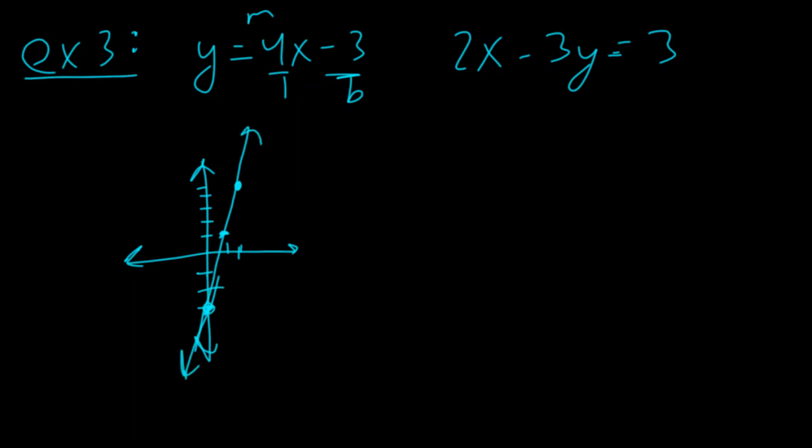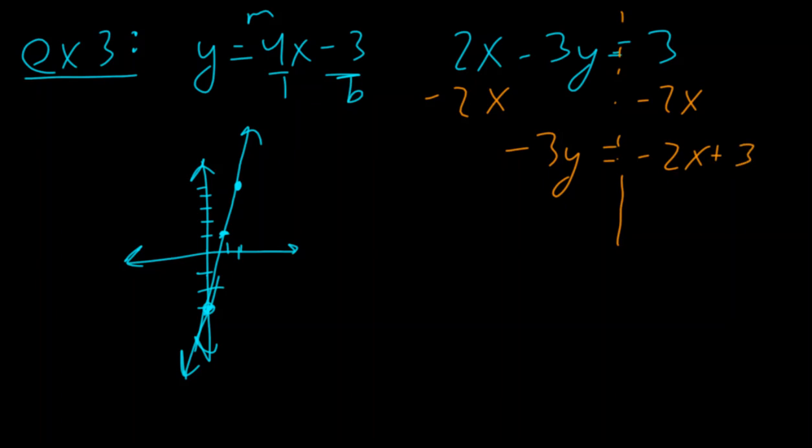And remember, when I switch to this other color, I'm trying to get the y value by itself. So let's see. Minus 2x, minus 2x. You can say negative 3y is equal to negative 2x plus 3.